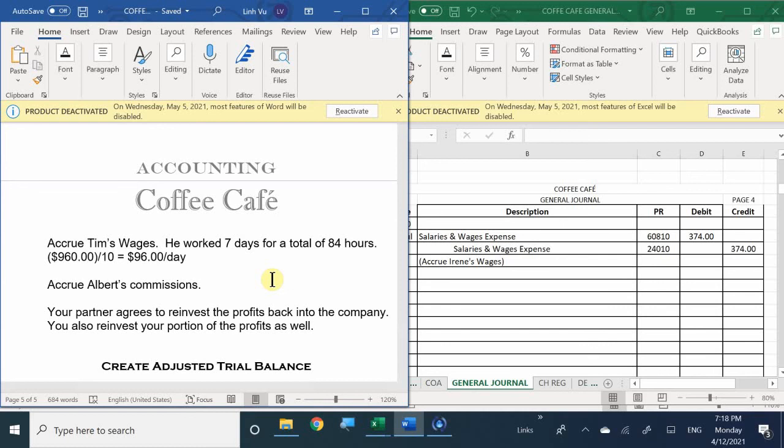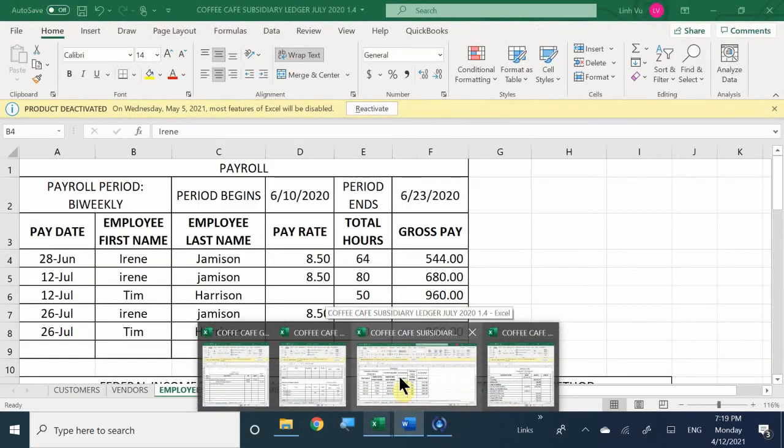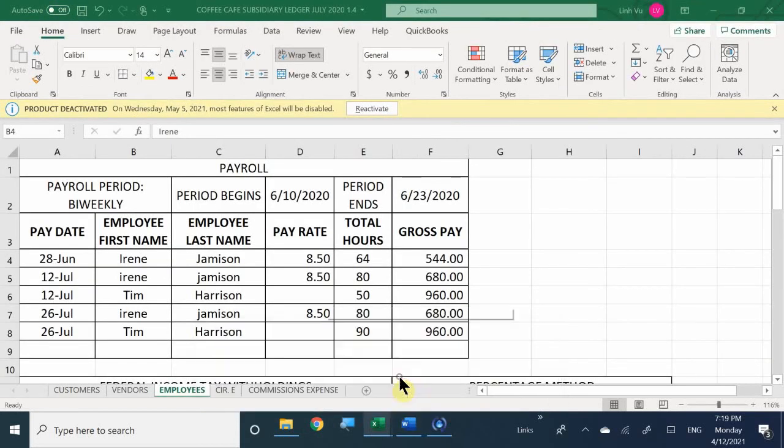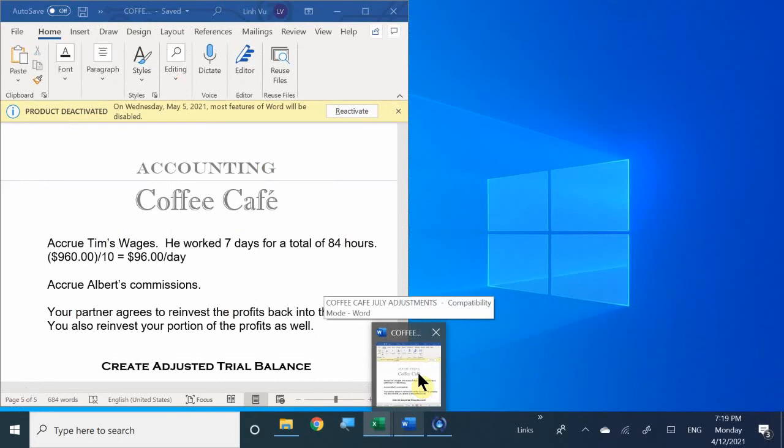So if you look at the employees section, since he is salary based, he is going to be paid every single paycheck a total of $960. Now, of course, he's going to be working 5 days a week, 12-hour shifts.